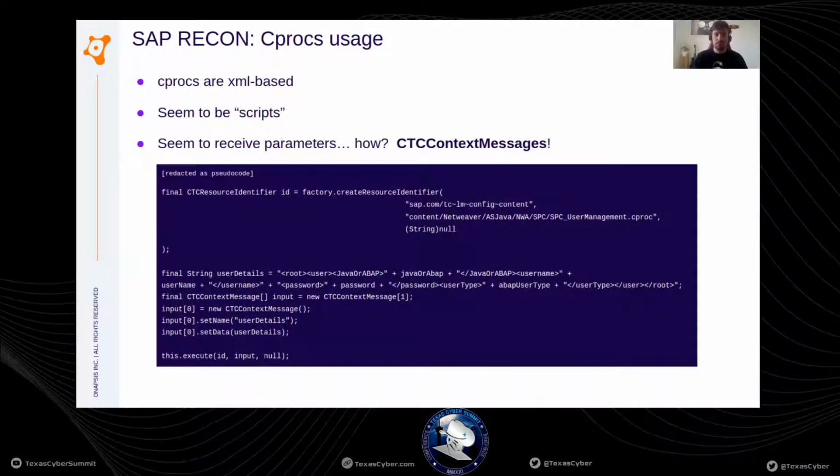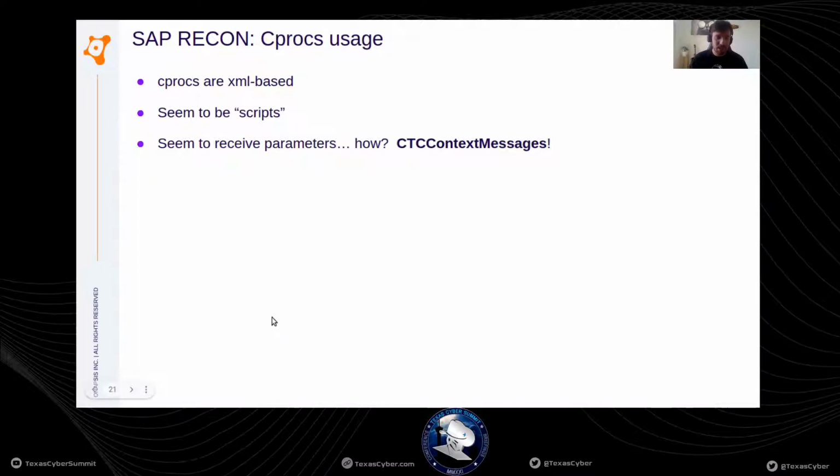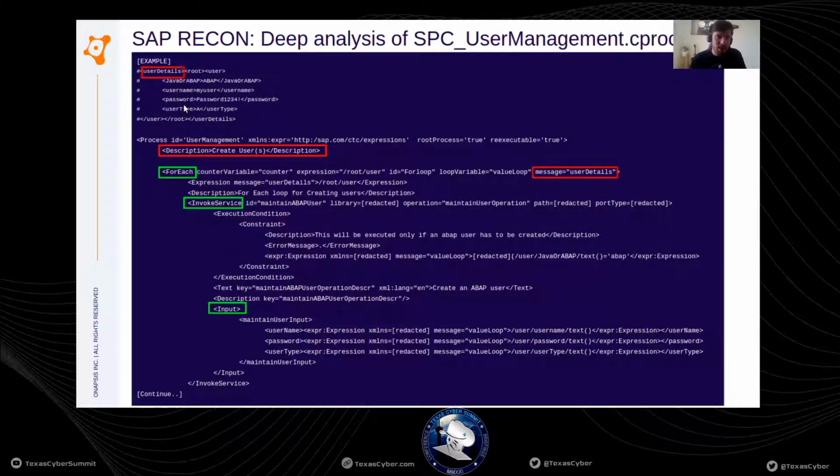How? Well, if you remember the snippet of code that I already told you about, the code was also creating a CTC context message with this string that is the same string we were talking about before, this user details, and all this piece of information that was part of the commented section.